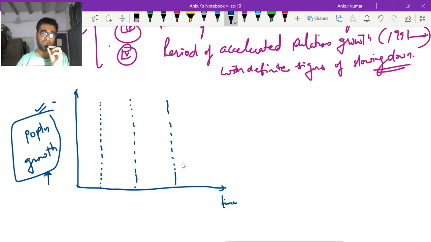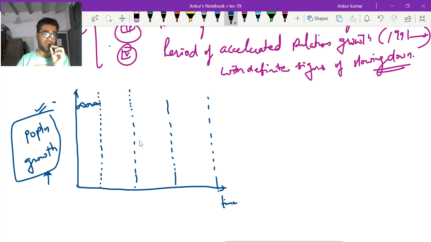As per the demographic transition theory, in the first phase, both mortality rate and fertility rate are very high, because the society is very traditional and there is no new medical invention.